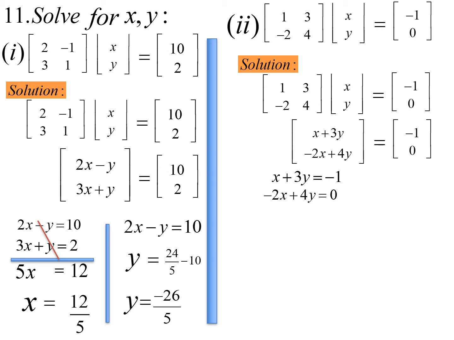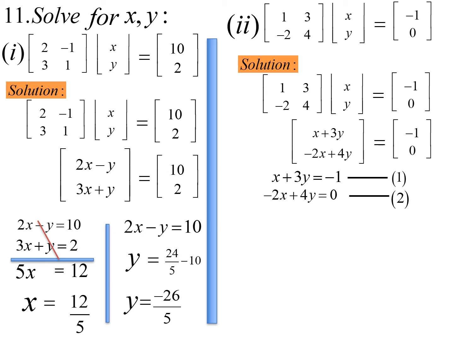Now we want to cancel x or y, so we'll use the simultaneous equation method. We label equations 1 and 2. We are going to cancel x. In equation 1, the coefficient of x is 1. In equation 2, the coefficient of x is minus 2.